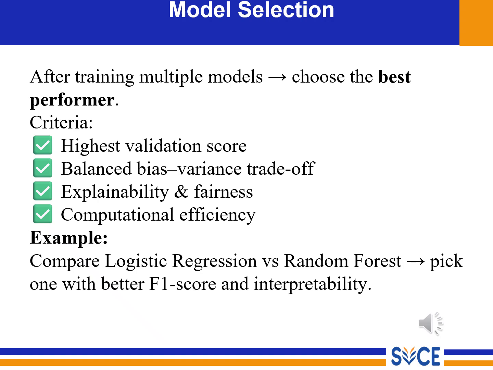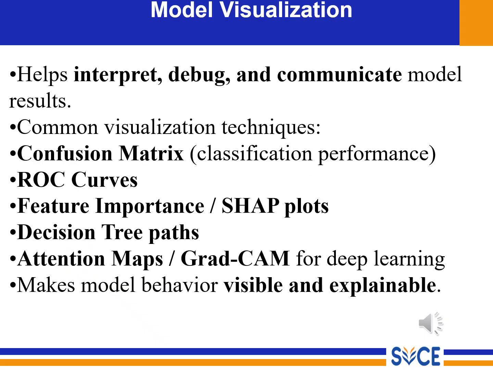So, visualization in explainable AI. We come to visualization finally, which is very important. Visualization helps to interpret the model, debug the errors, communicate the results and build the trust.